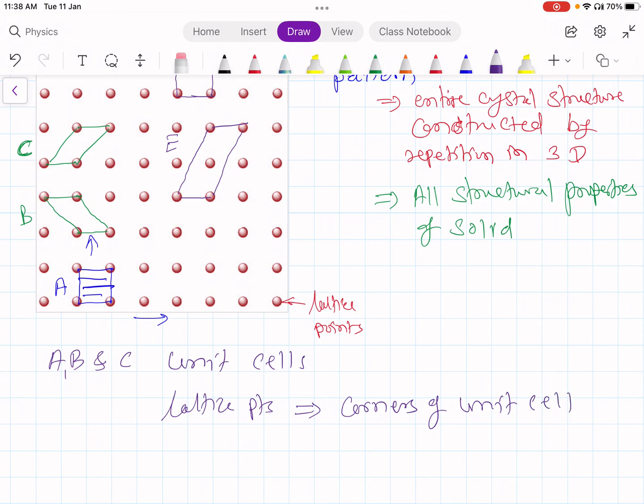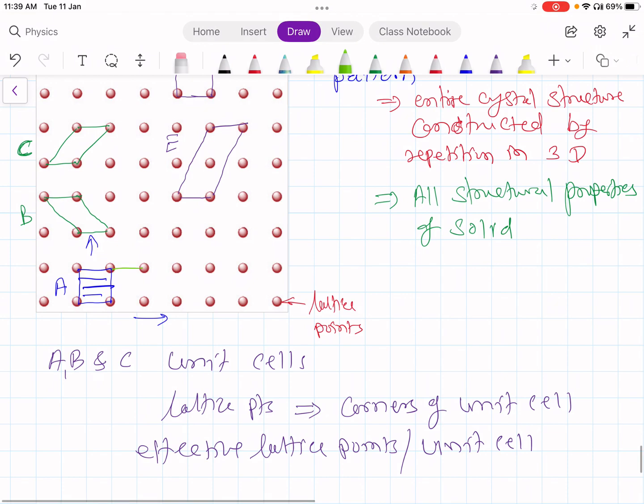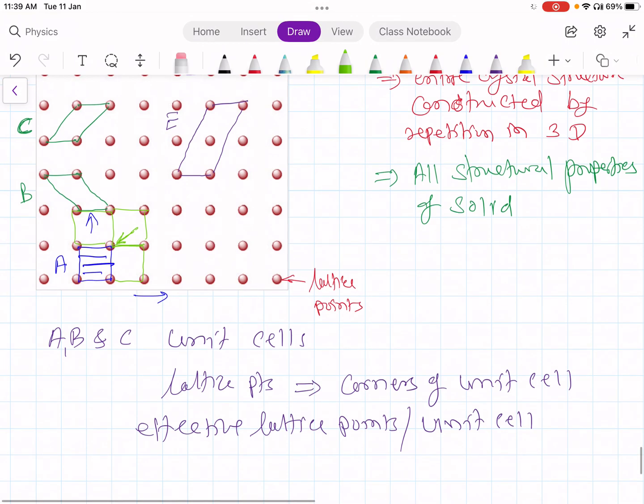You can see that every lattice point is shared by 4 unit cells. I can draw one unit cell over here, another unit cell over here, another over here. So this point is shared by 4 unit cells, and its contribution to a particular unit cell is 1 by 4.